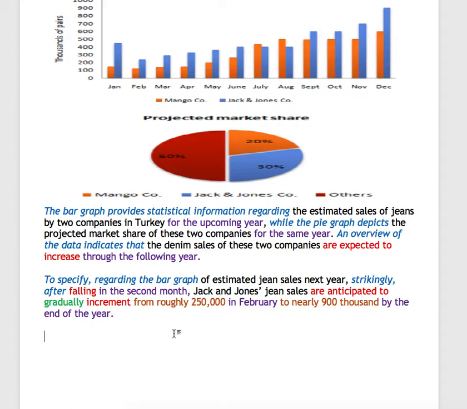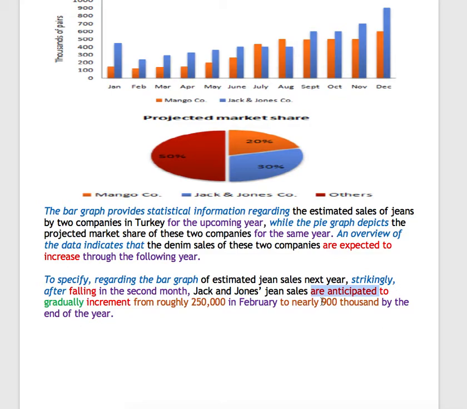So I forgot to mention here, how do we talk about the future? Well, are expected to. It's the phrase that we want to use. This is passive. Are expected, are anticipated. We're talking about jean sales. So we're going to use this passive form with these verbs.